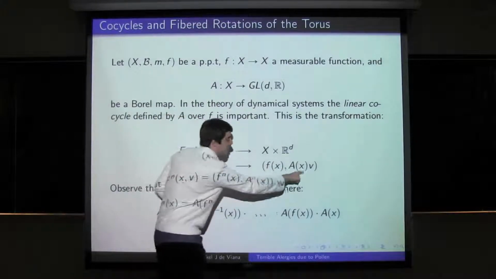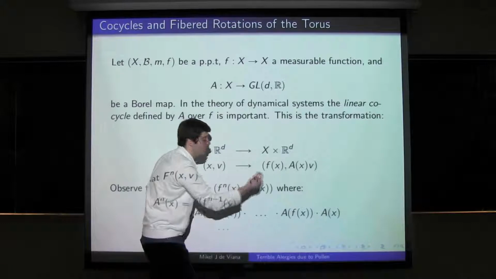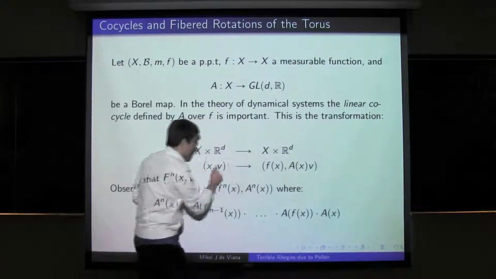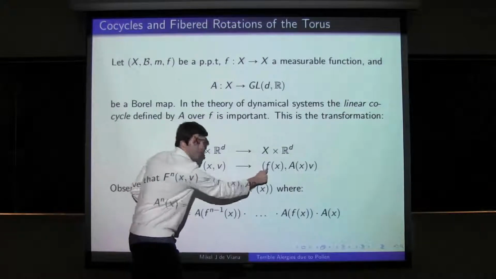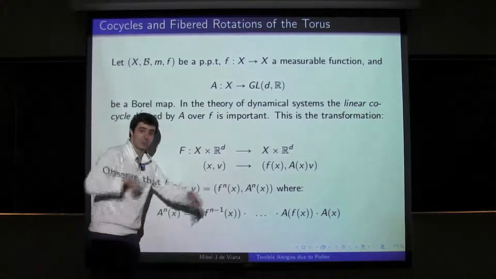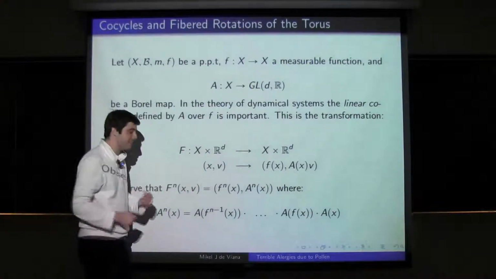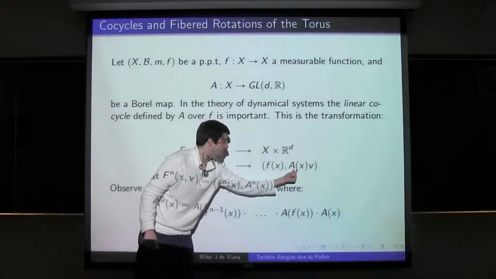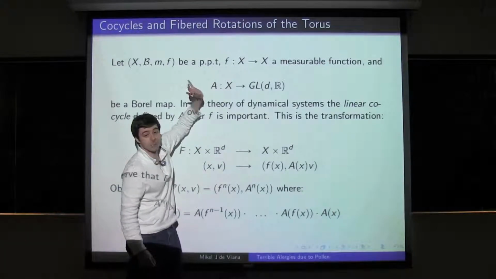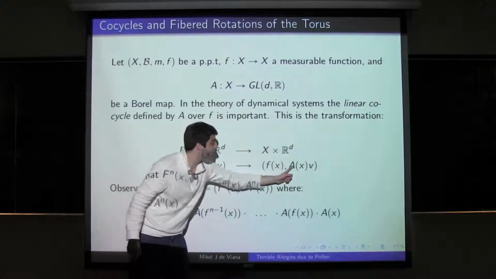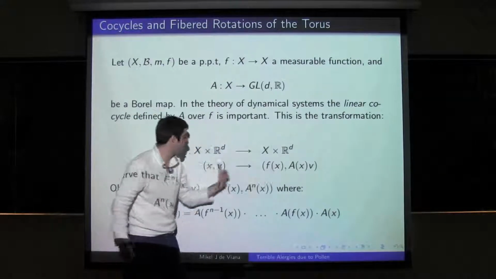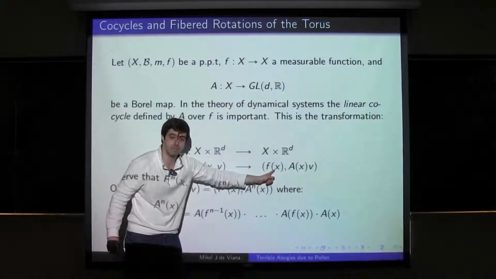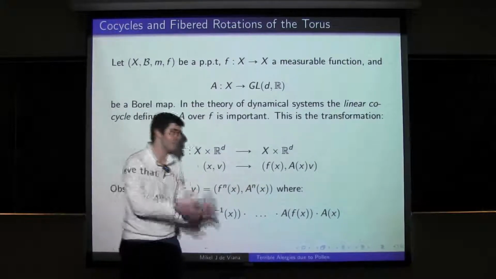You see, f comes into play because this A acts on this x, and this x depends on f. It's still difficult to understand in the beginning. But A is a map that doesn't depend on f. f comes into play in the right-hand side because x comes from f here. I see. It's a bit complicated.